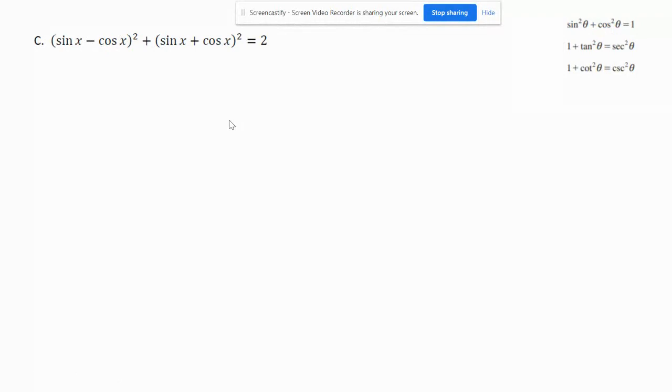Okay, moving forward, we have sine x minus cos x, squared, plus sine x plus cos x, squared, equals 2. So, guys, I'm just going to put this equals 2 over here, just so I have a bit more room on this one. So when we do this, we need to actually expand this term and this term over here.